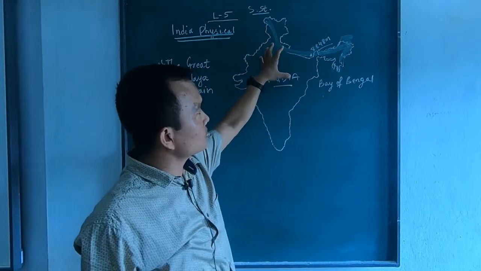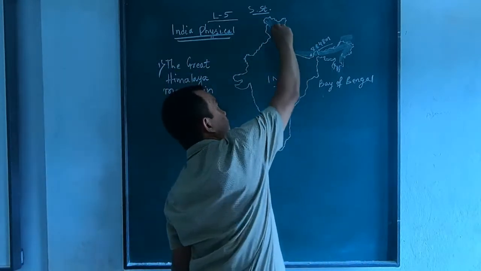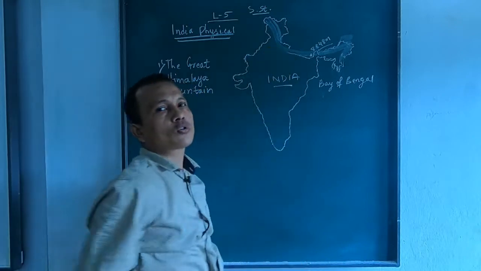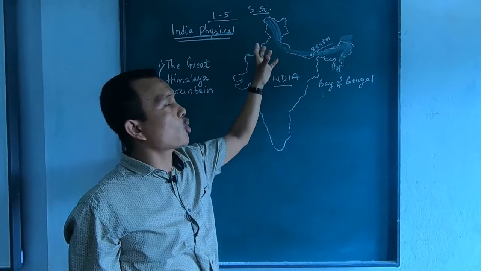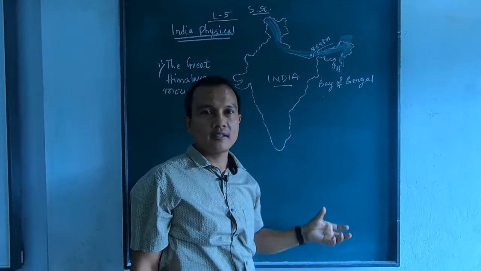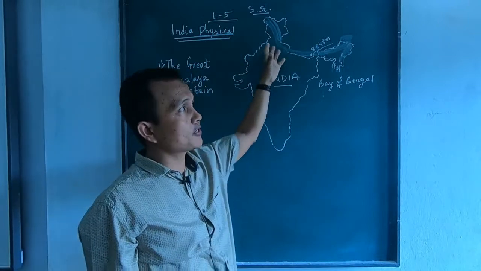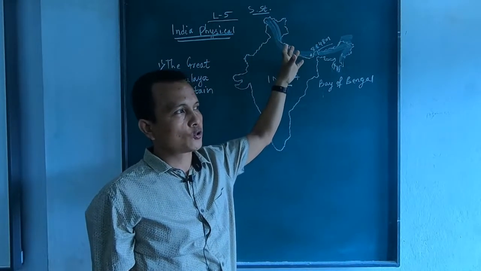So the climate is very cold, and this cold weather is very good for orchard farming. Example, apples, pears, all these things are grown in this zone, and it is very fertile for these fruits.